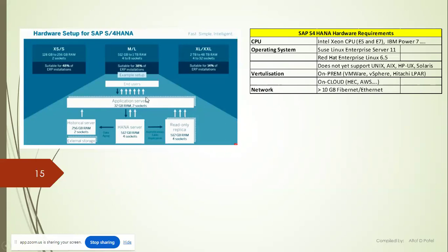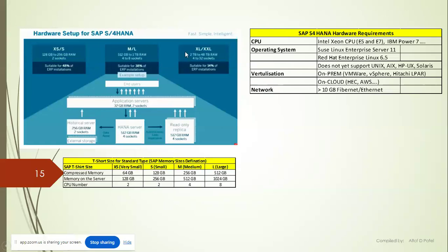As I said, it is in-memory, so this is the kind of memory you need, 128 GB. This is called the smaller version. By T-shirt name, this is called extra small or small, which is 128 to 256 GB of CPU memory needed. I'm talking about in-memory here; outside memory is different and that also goes. 512 GB to 1 TB is medium and large, and 2 TB to 48 TB is extra large.